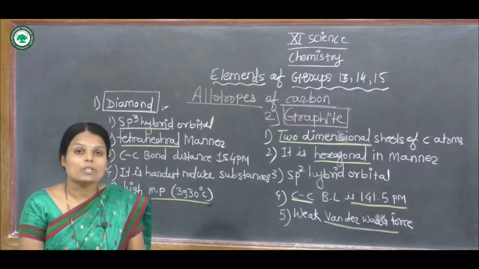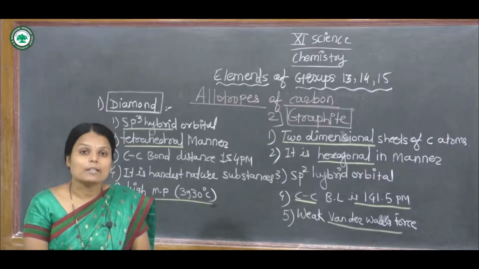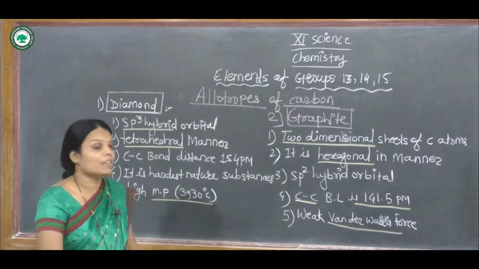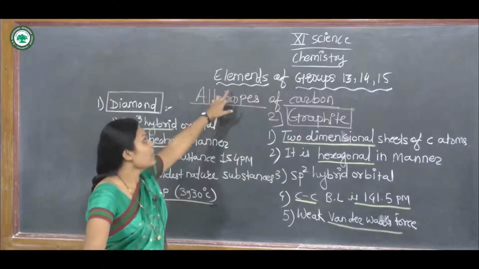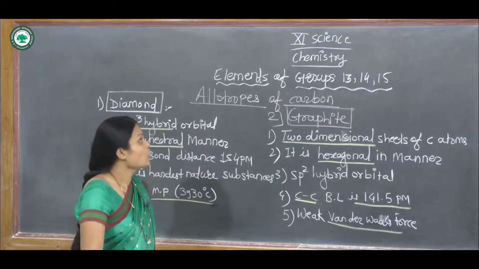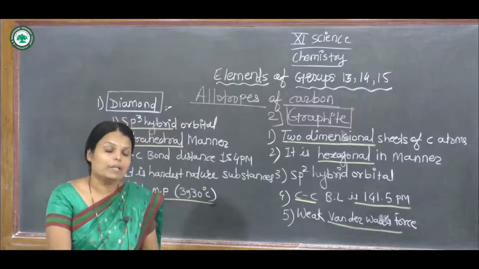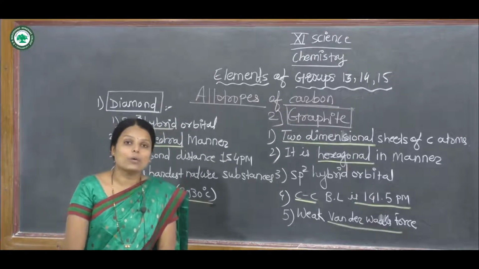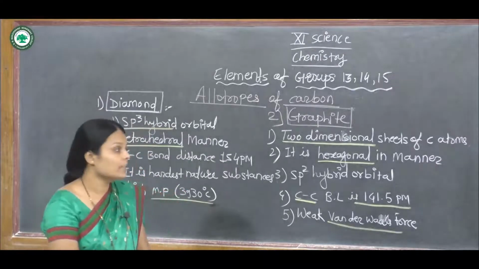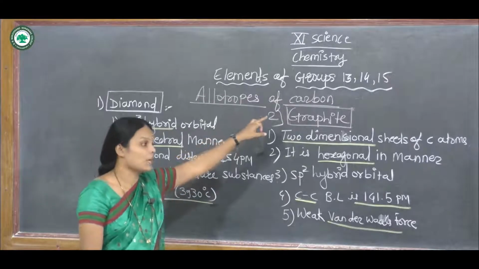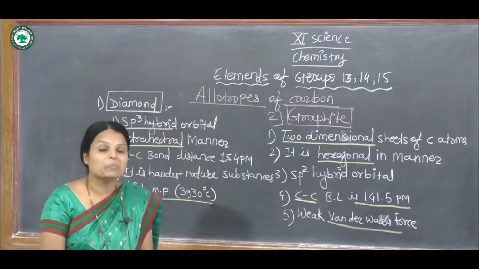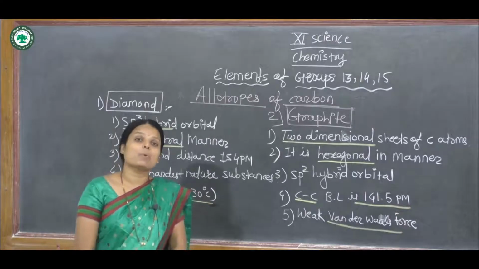Today we are going to start the 11th standard Science Chemistry subject, in which chapter number 7 is the elements of group 13, 14 and 15. In this chapter we are going to study the allotropes of carbon. Allotropes of carbon means different carbon forms are formed.